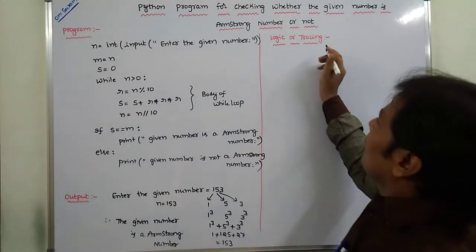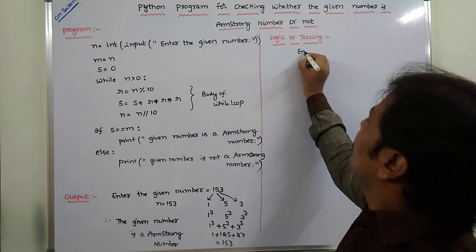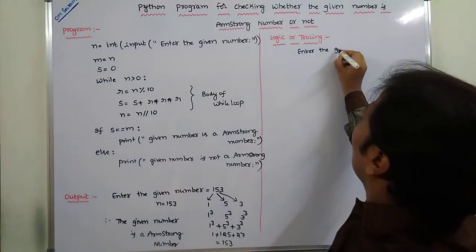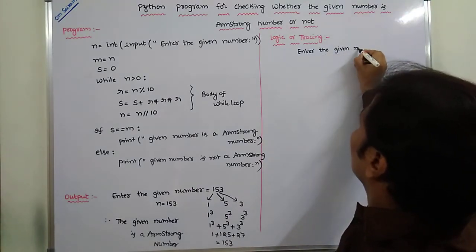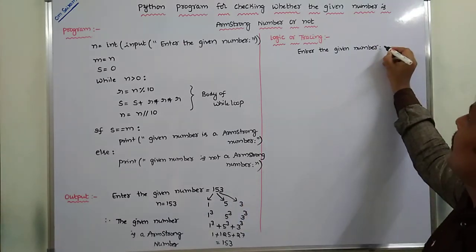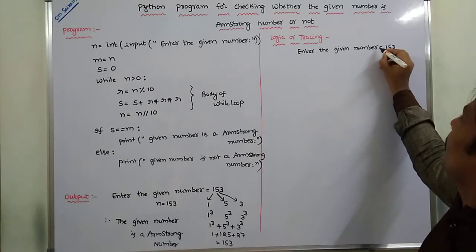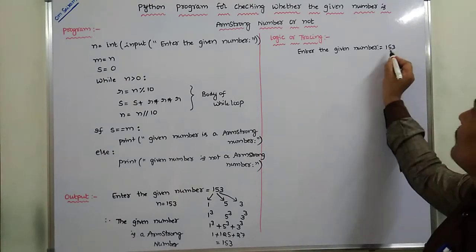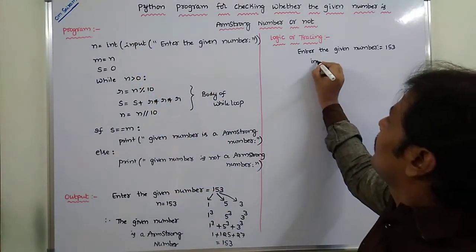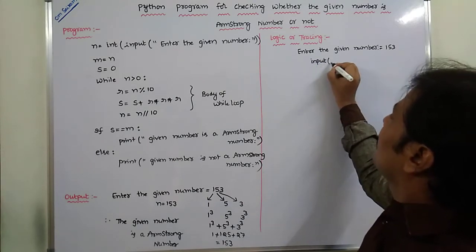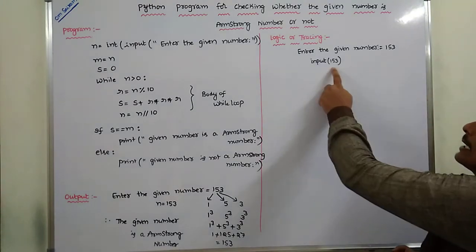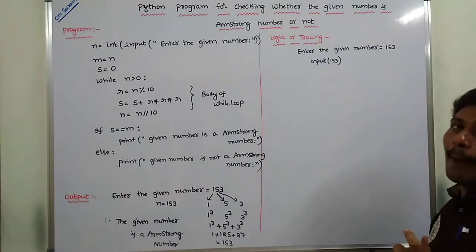Okay, tracing. Enter the given number. Whatever number we are giving, that is 153. This 153 is taken by the input function. The input function is used for reading the input from the keyboard that is entered by the user or a programmer.